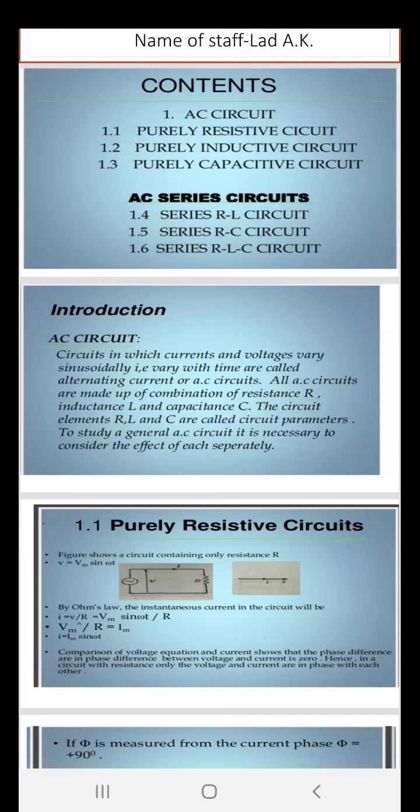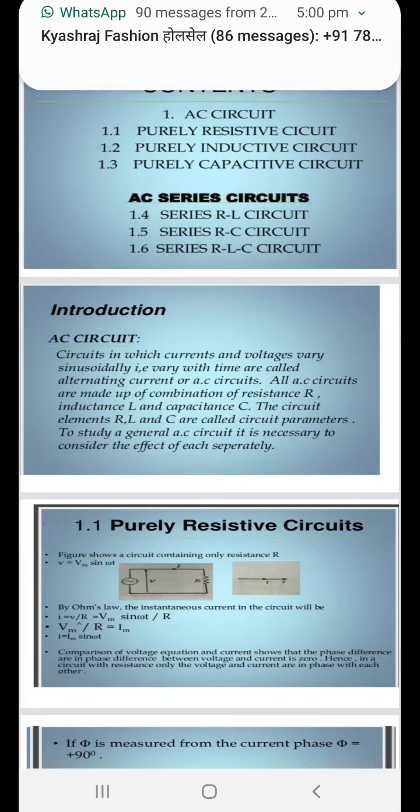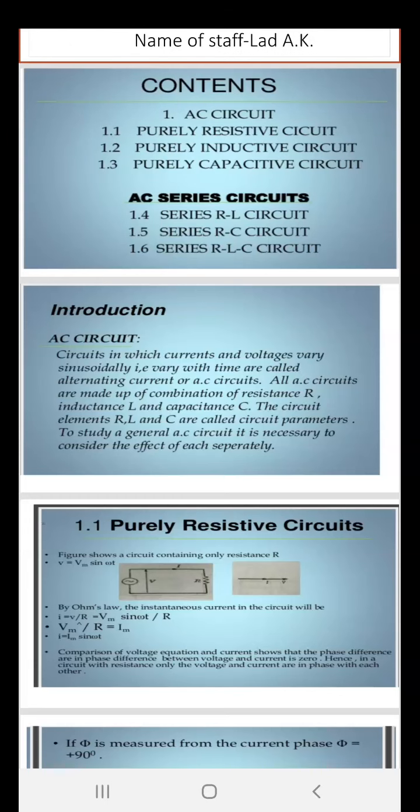By Ohm's law, the instantaneous current in this circuit is small i is equal to V by R, where V means voltage and R means resistance, is equal to Vm sin omega t by R. Vm by R is equal to Im. So small i is equal to capital Im sin omega t.